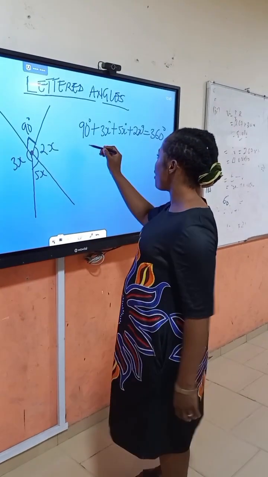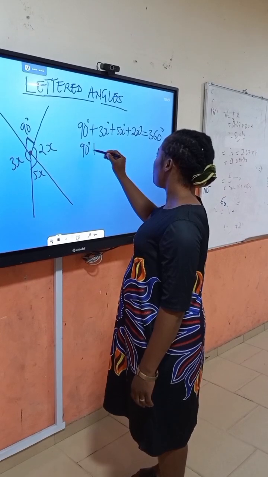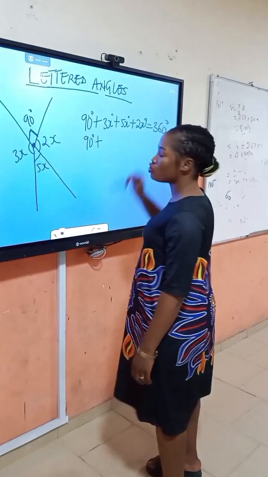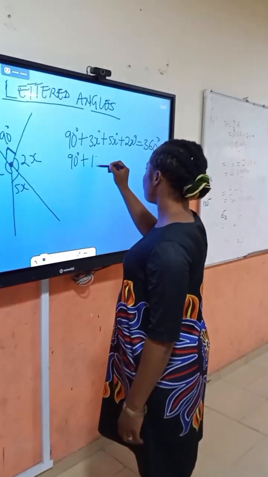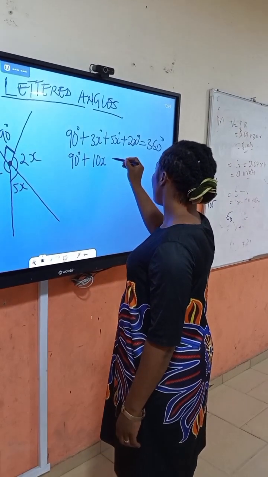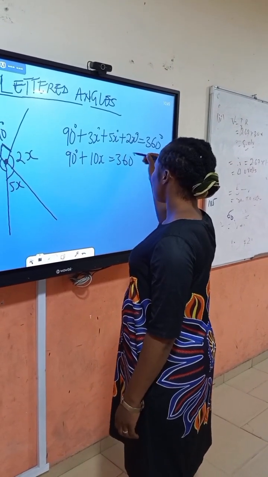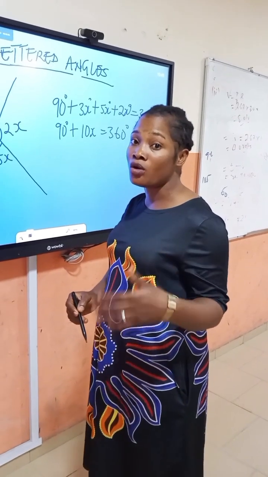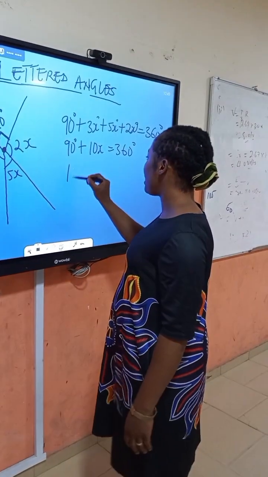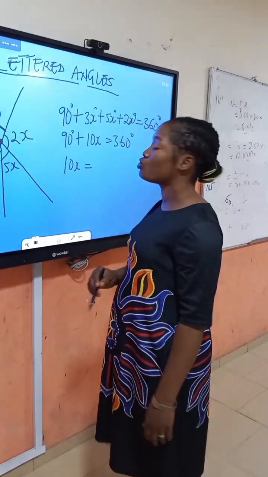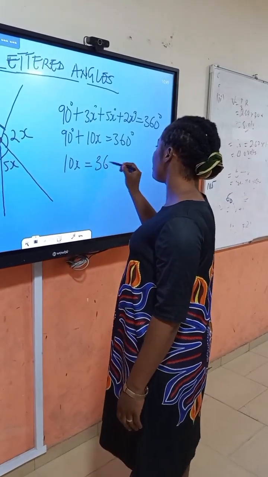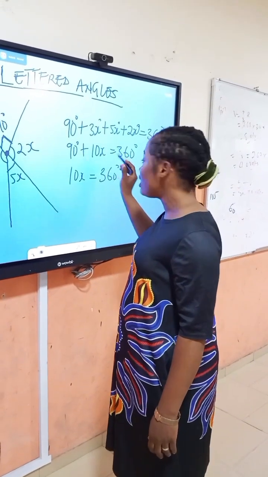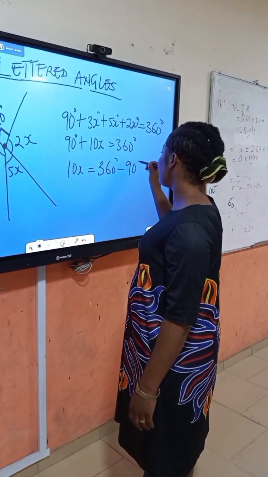Alright, so we have 90 degrees plus 3 plus 5 is 8, 8 plus 2 is 10. So we have 10x equal to 360 degrees. We have to make x the subject of the formula. So 10x is equal to 360, and you go back to pick your 90 degrees, taking it to the other side, it becomes minus 90 degrees.